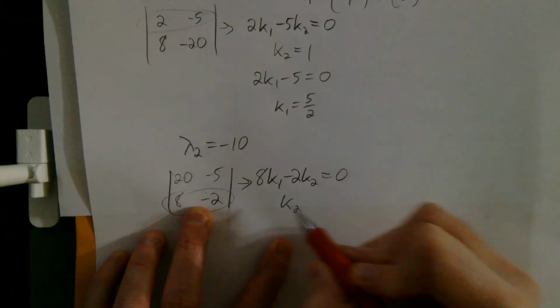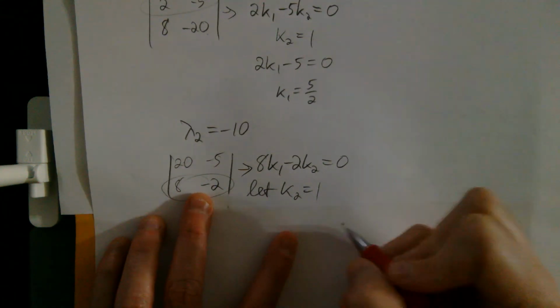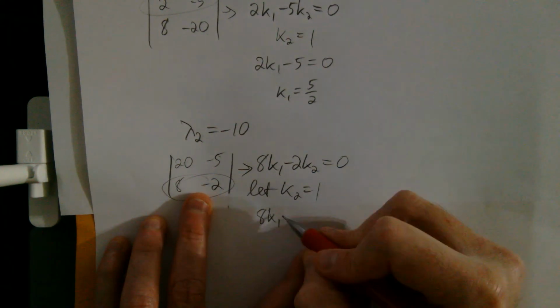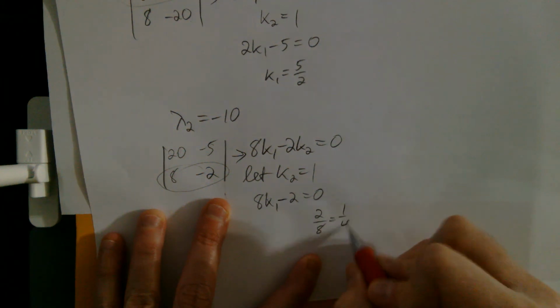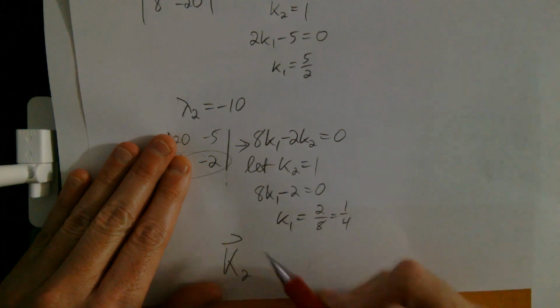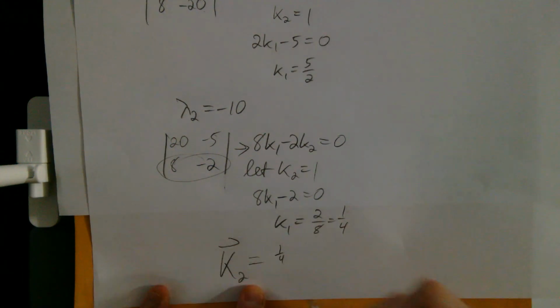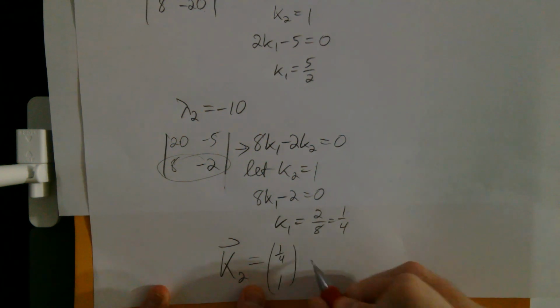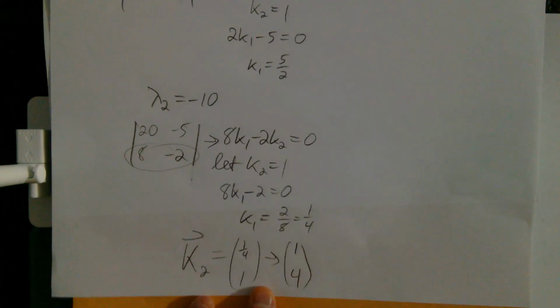We're just arbitrarily choosing 1. It's a pretty standard choice. So 8k1 minus 2 equals 0, so we get 2 over 8, 1 over 4 for k1. So our k2 vector is 1/4, 1. Or scale that up, multiply by 4, and that works too.